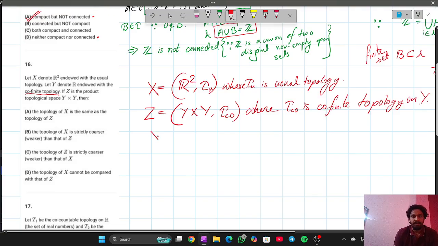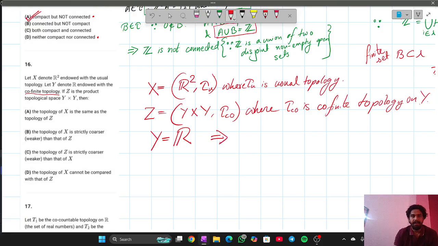Now it is also given that Y is equal to R, right? Hence we can say that Z is nothing but R square with TCO, that is R square with cofinite topology.